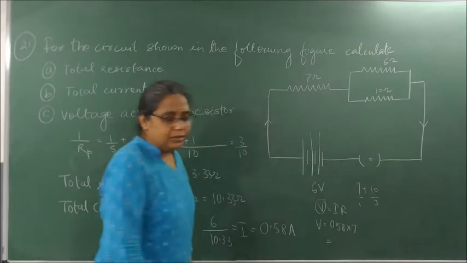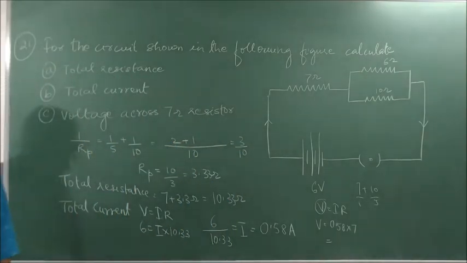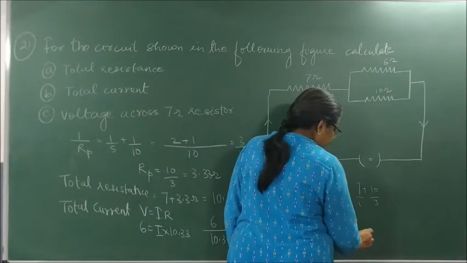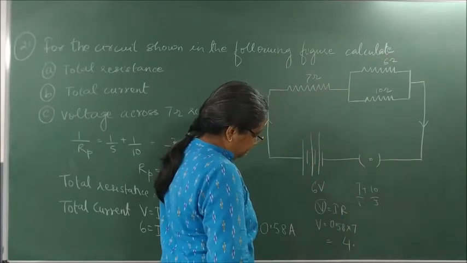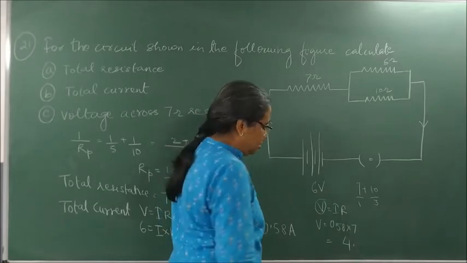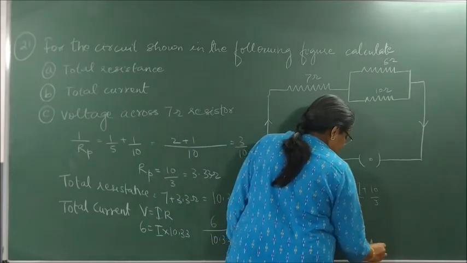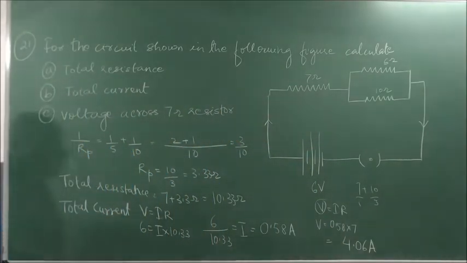Multiply, you will get the voltage. 0.58 into 7, it will come as 4 point something, 4.06. So this is how we will calculate it.